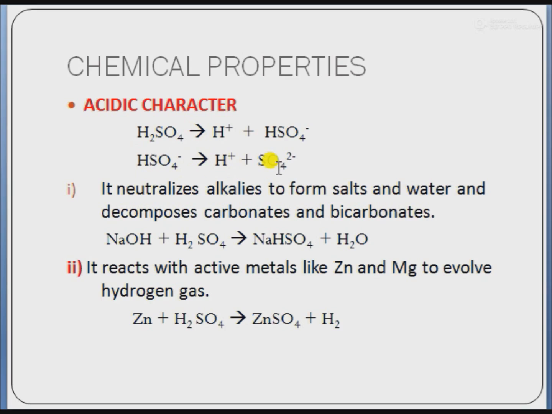Thus, H2SO4 acts as a strong dibasic acid because it has two replaceable H+ ions and forms two series of salts, that is normal salts like sodium sulfate and hydrogen sulfates or bisulfates such as sodium bisulfate, NaHSO4.